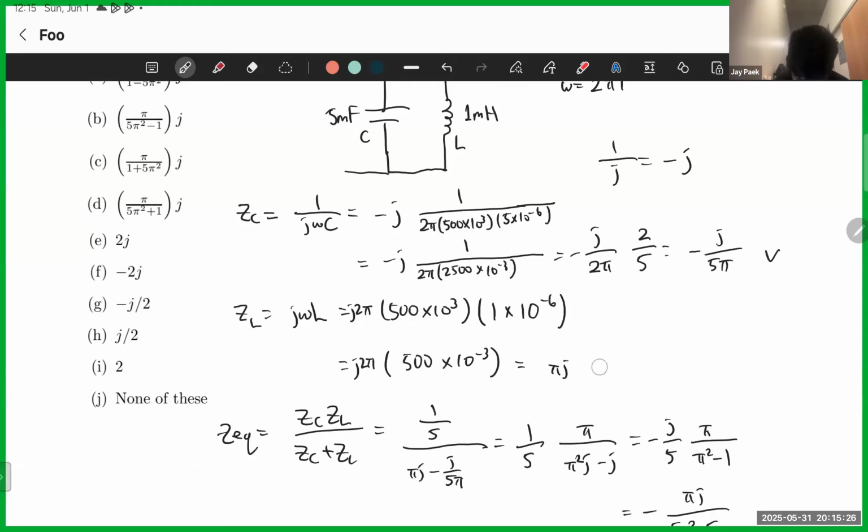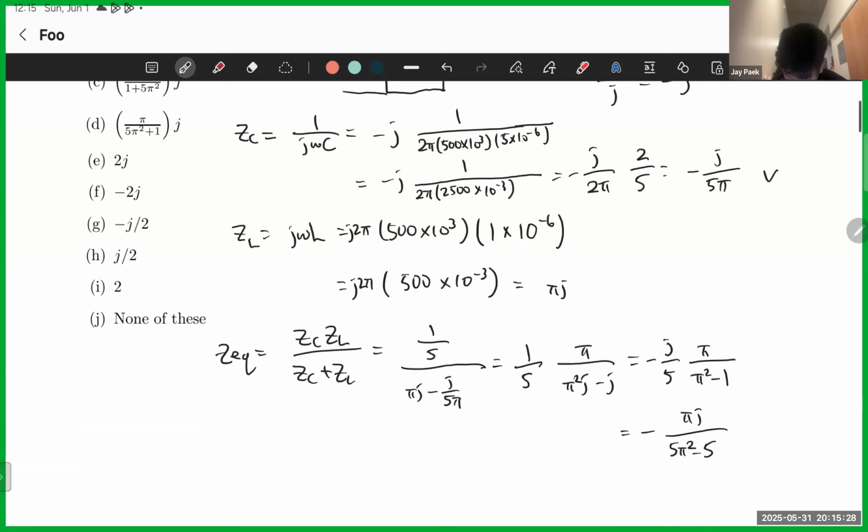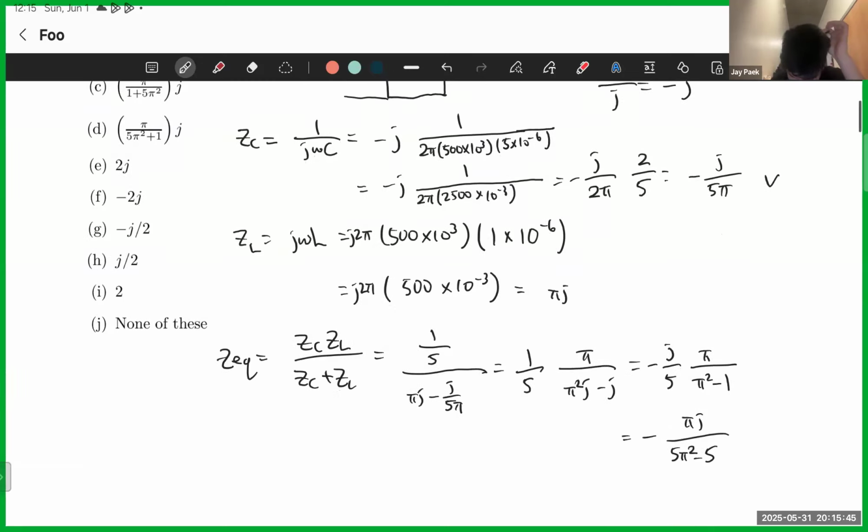Yeah, this is fine. Okay. That is rather odd. Multiply those two, get 1/5 over. That's good. Multiply top and bottom by pi squared.